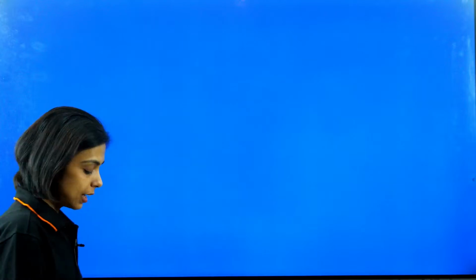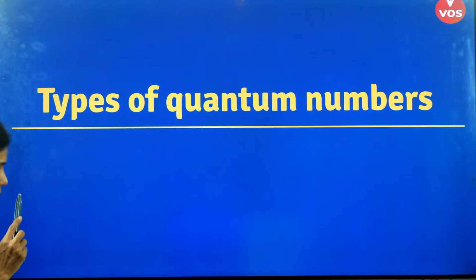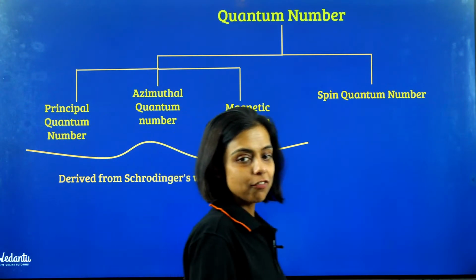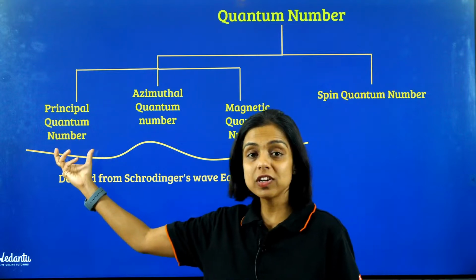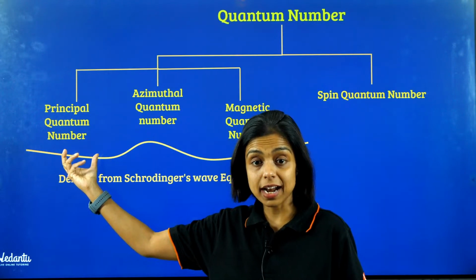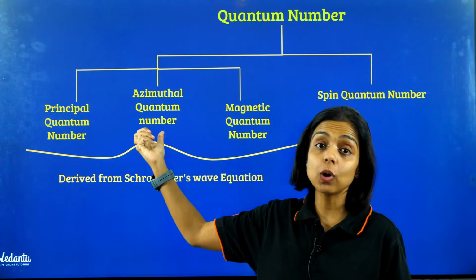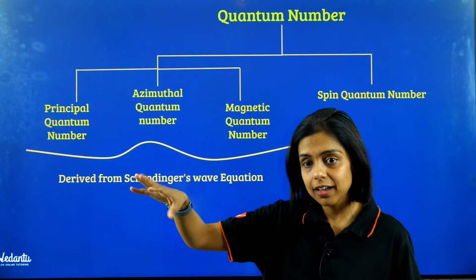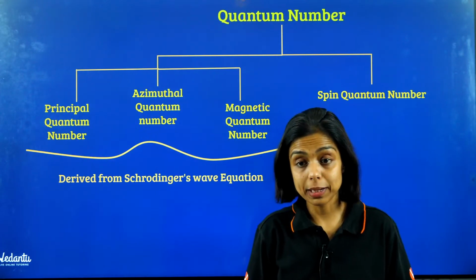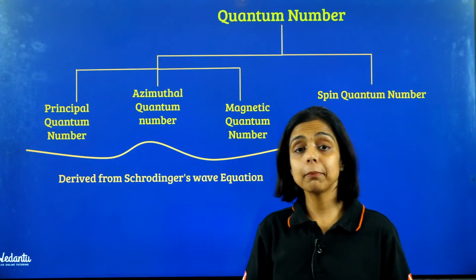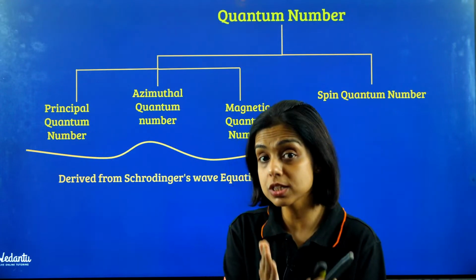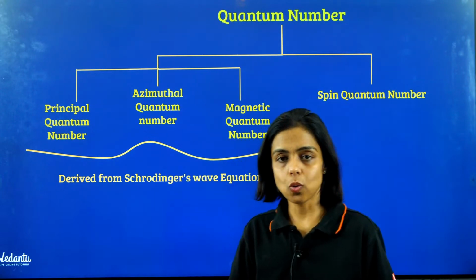So just like an address, we have 4 numbers. First, which will tell you the city of an electron, that is the principal quantum number. Second, which is like the locality in that city, the area, that is the azimuthal or angular quantum number. The 3rd quantum number, which will tell you about the house number, that is the magnetic quantum number.